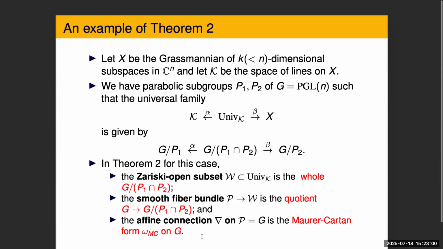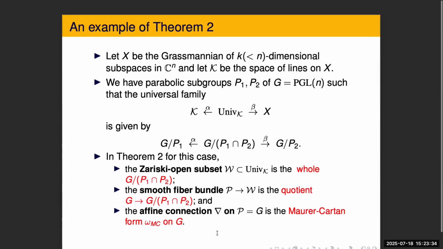And the affine connection on this fiber space P is the Maurer-Cartan form on the Lie group G. So in this case, you see that this open set, this fiber space, and the affine connections are all canonically defined from the geometry of the Grassmannian. That is the statement of theorem 2 in this example.